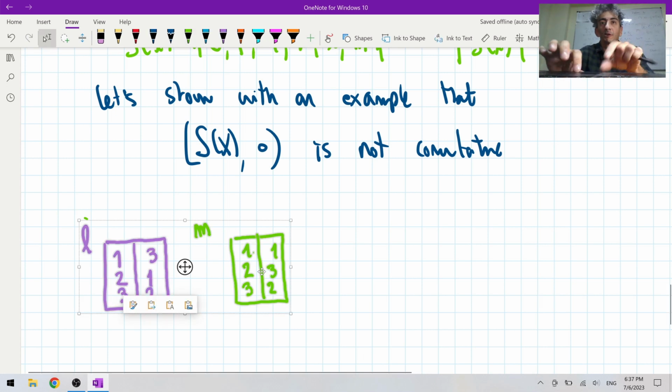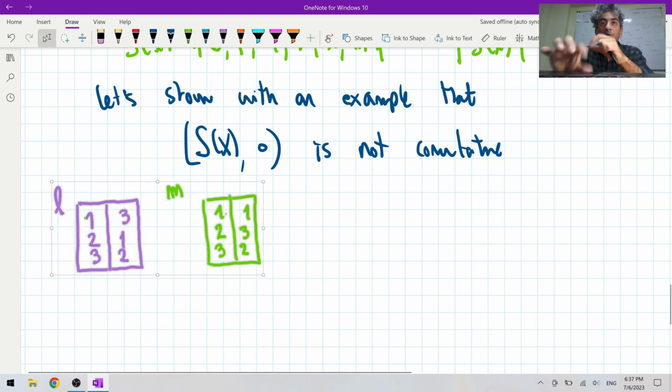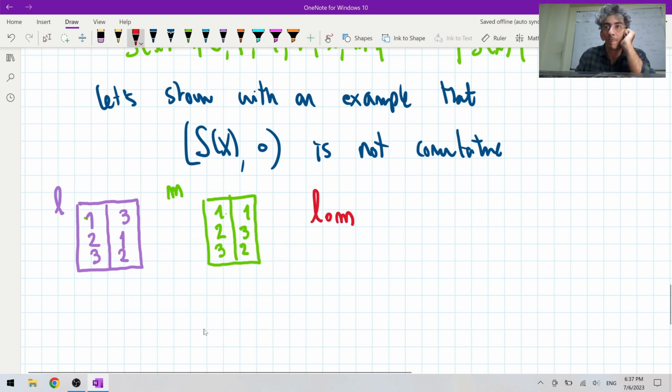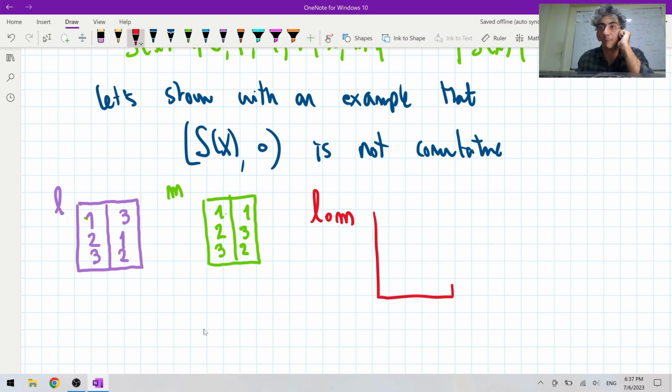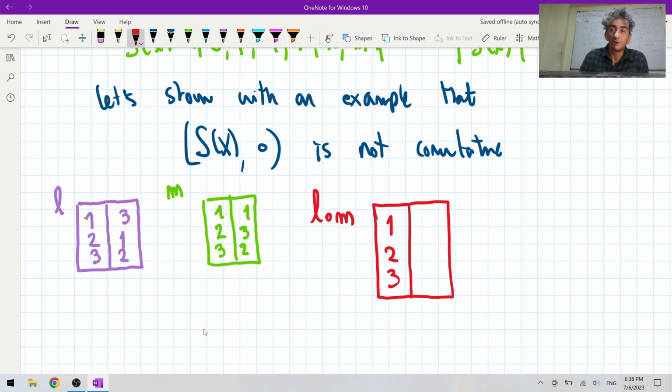Okay, so let's try to compute the composition of L and M. First of all, let's figure out what L composed with M is. In order to see what a function is, we need to learn what it does to each and every element of X. So what does L composed with M do to number 1? Well, first of all, M takes number 1 and then spits out number 1. And now L takes number 1 and spits out number 3.